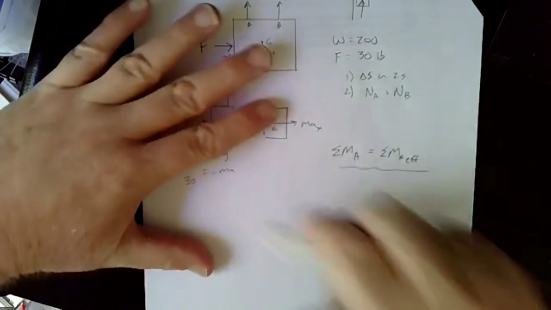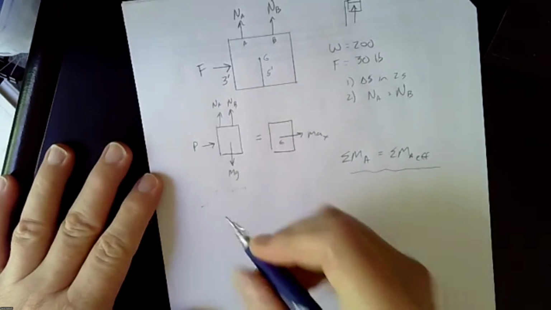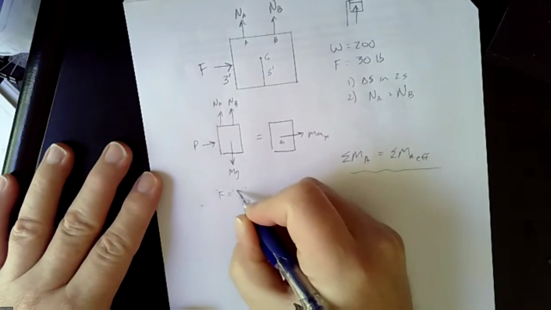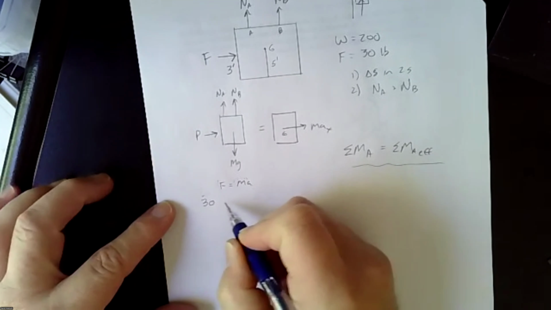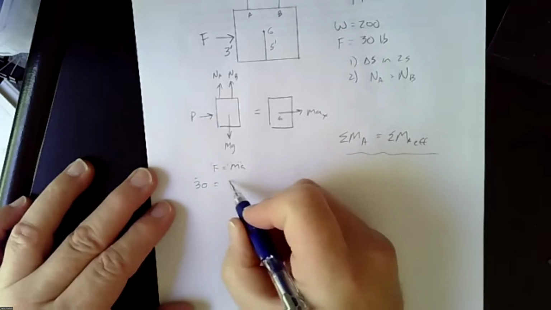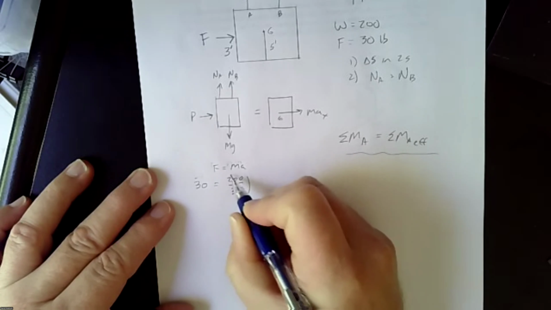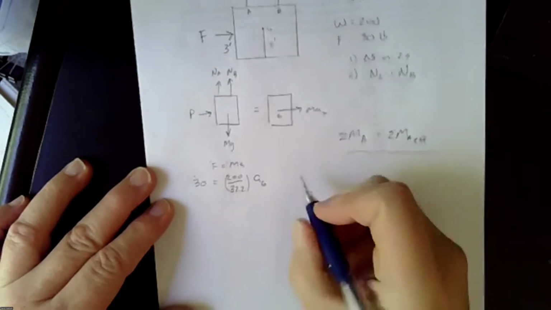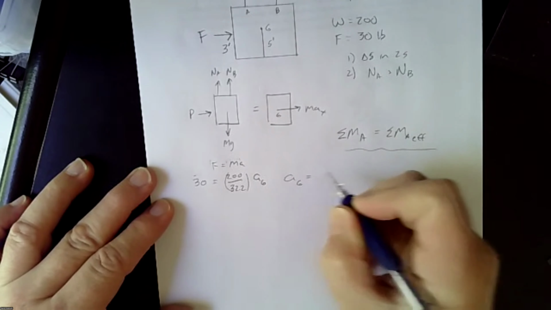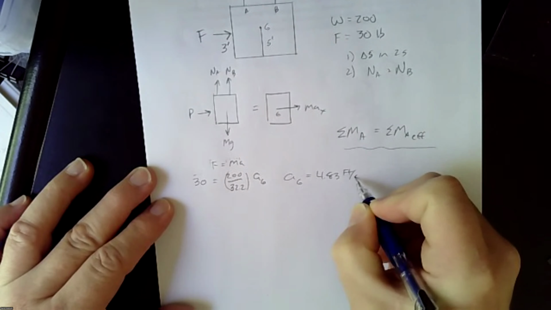So F equals ma. So we have 30 equals 200 over 32.2 for the mass times a_G. So not too hard. So the acceleration of the center of gravity is 4.83 feet per second squared.